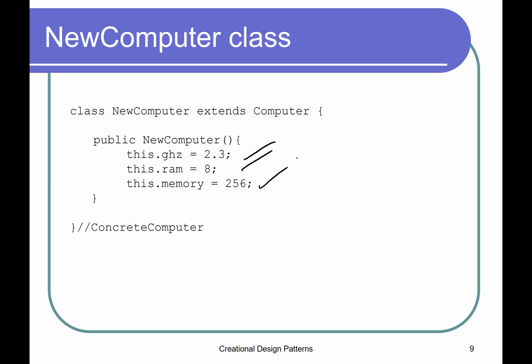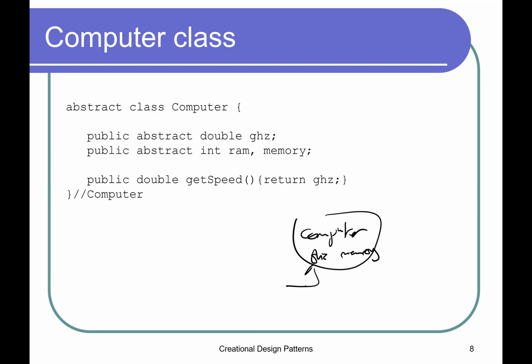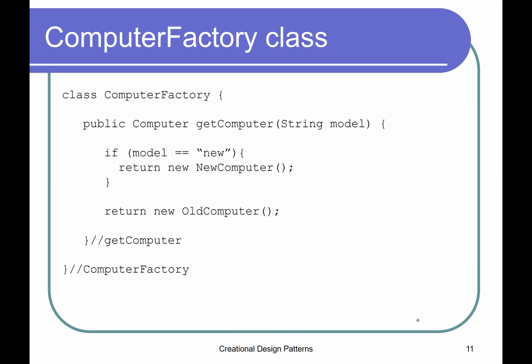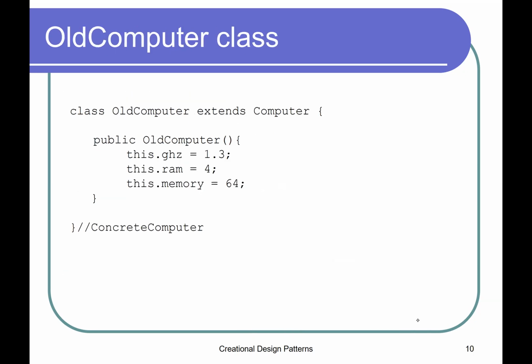These are the details that the client really doesn't want to bother with. And then we also have old computer. Old computers have slower gigahertz, RAM, and a smaller memory. That's another concrete computer.